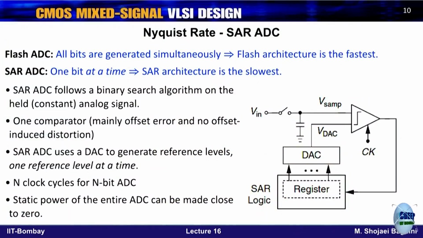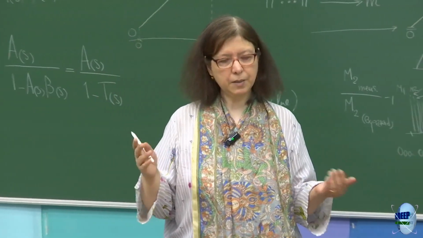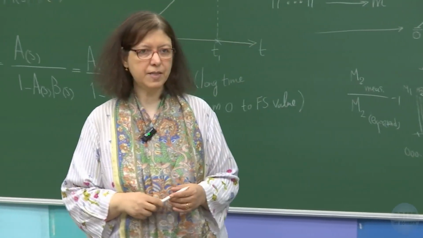But how does SAR ADC work? Generating one bit at a time, it follows a binary search algorithm, and you need to sample and hold the signal. So we have a track and hold circuit anyway, but it can be embedded within the ADC, as we will see.